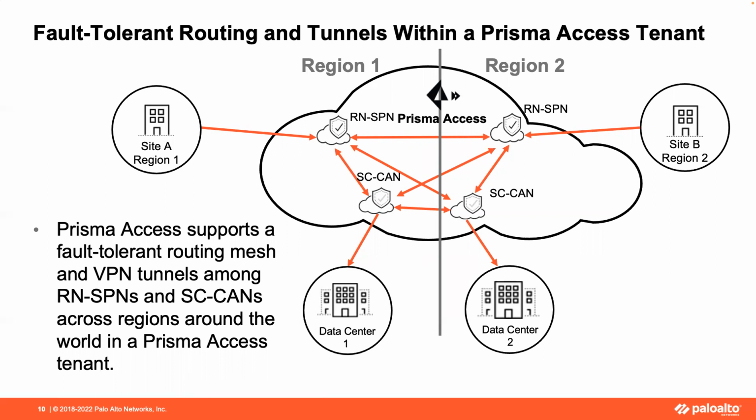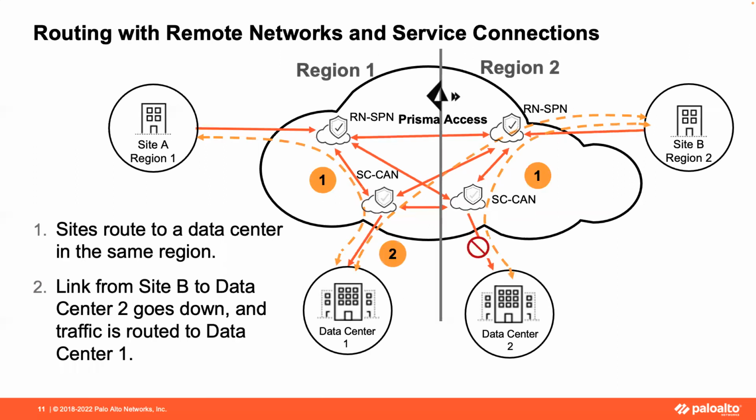So we have the ability to find the shortest, best route at that moment in time to get from point A to point B, whether it's between a couple of data centers or between a data center and a service connection or whatever the case may be.